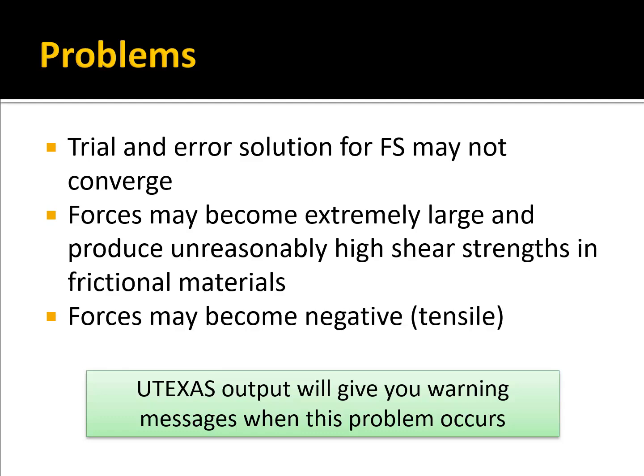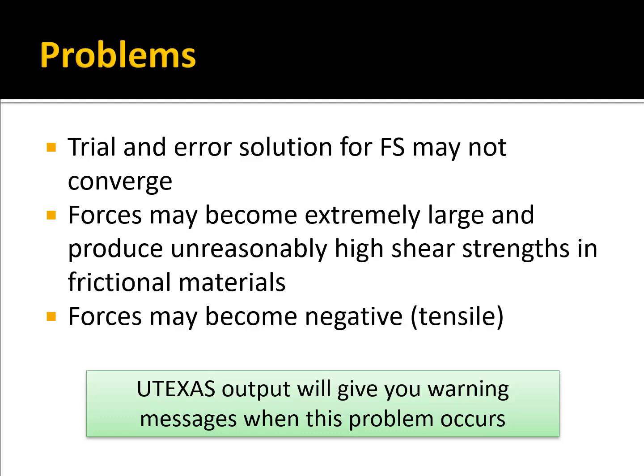It could be that this discontinuity makes it so they just can't converge, and or the forces may become extremely large and produce unreasonably high shear strengths in frictional materials, because the shear strength is a function of the normal stress times the tangent of phi, and or the forces may become negative, which would give you tension.